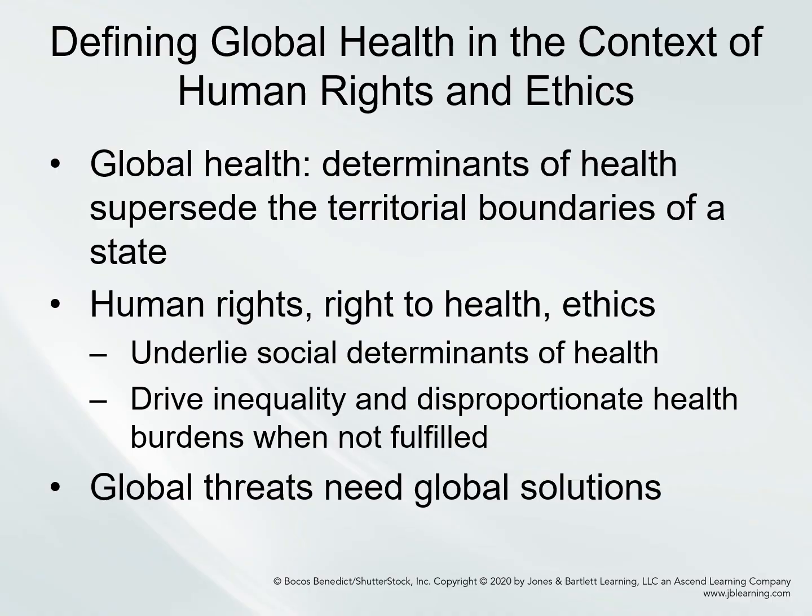It's important that you're able to define global health in the context of human rights and ethics. In some states, constitutions provide for justice and the general welfare or well-being of the people, and global threats like infectious diseases can test the abilities of different states and countries to uphold these principles and ethics across populations.